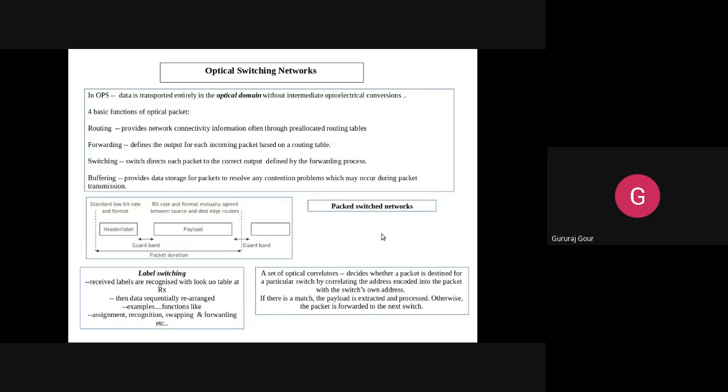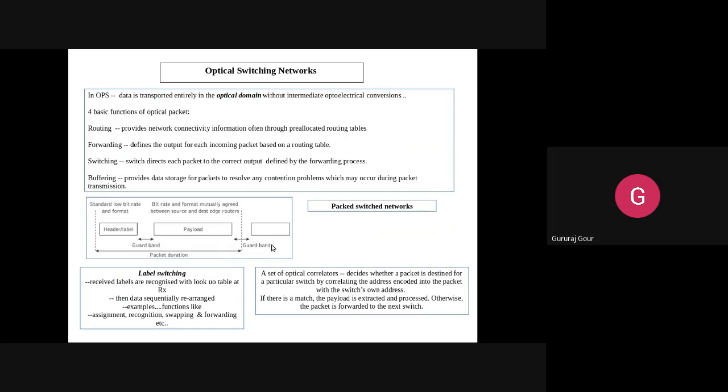The next comes optical packet switch networks, where it is acting like label switching, and it is going to make use of the nodes which are configured as optical correlators at the receiver side, because it is based on the transmission of the packets. The whole message is broken down into packets containing the header and the payload separated by the guard band.